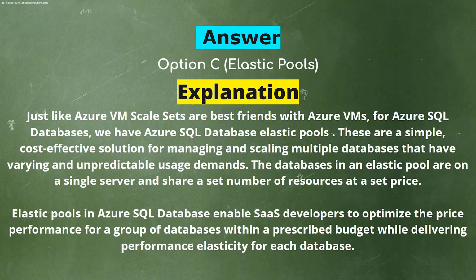The databases in an elastic pool are on a single server and share a set number of resources at a set price. Elastic pools in Azure SQL database enable SaaS developers to optimize the price performance for a group of databases within a prescribed budget while delivering performance elasticity for each database.